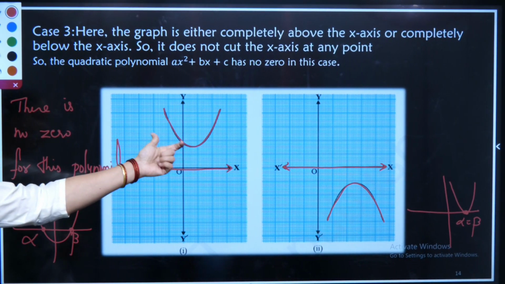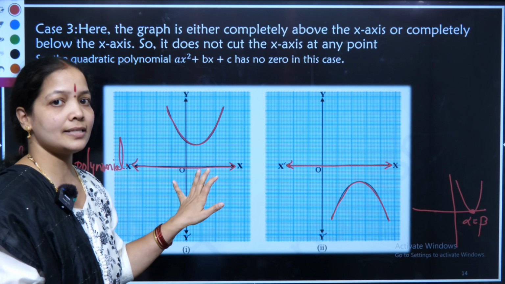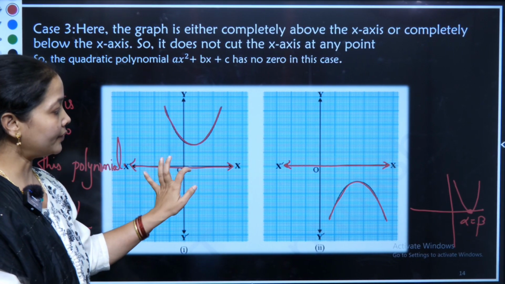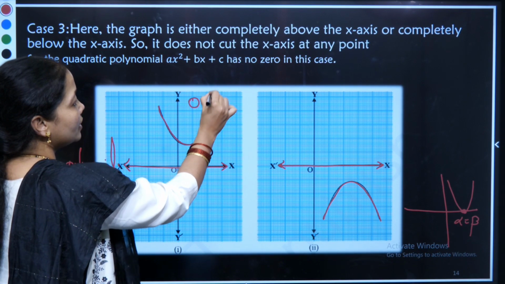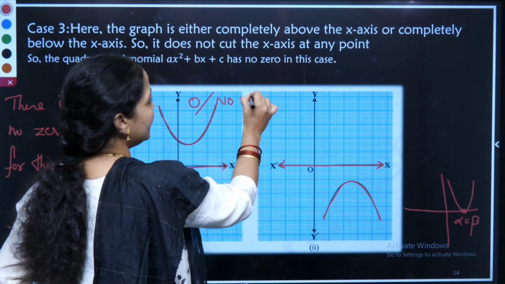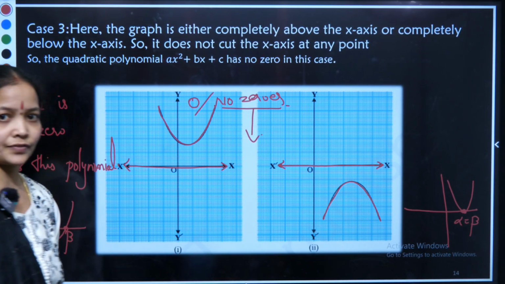Here also we have a parabola, but this parabola is not touching the x-axis at any position. Therefore, the number of zeros is again 0. No zeros for this particular polynomial for both the graphs.